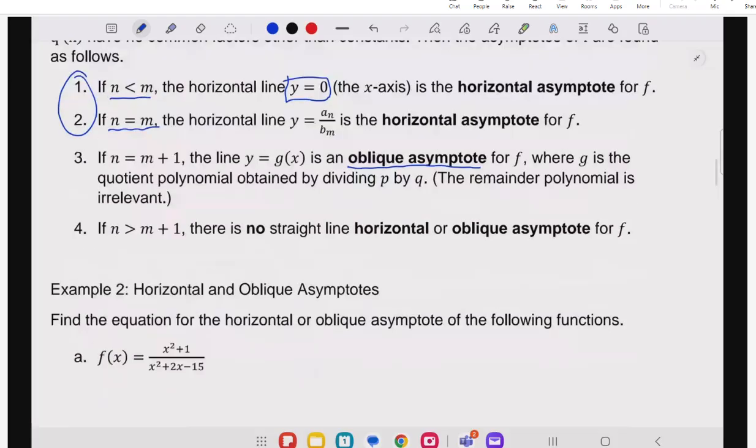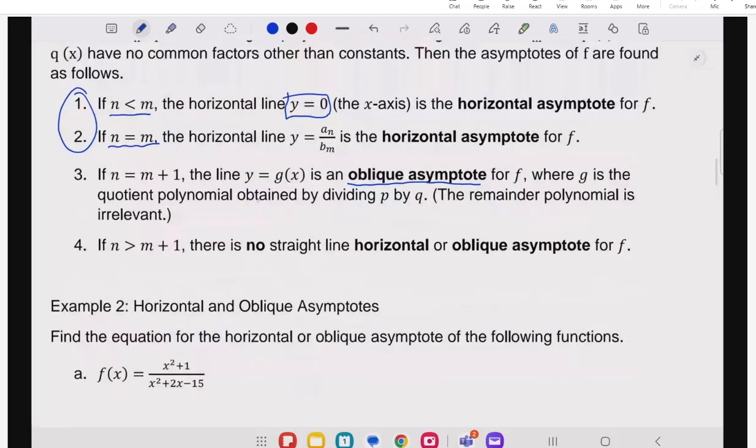But remember that the theorem states that the rational function has to be in reduced form before you can determine this. But y equals g of x is an oblique asymptote for f, where g is the quotient polynomial obtained by dividing p by q. So we would have to use division to find that oblique asymptote.